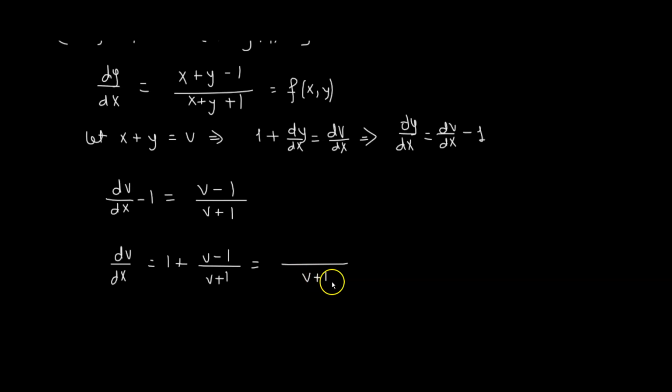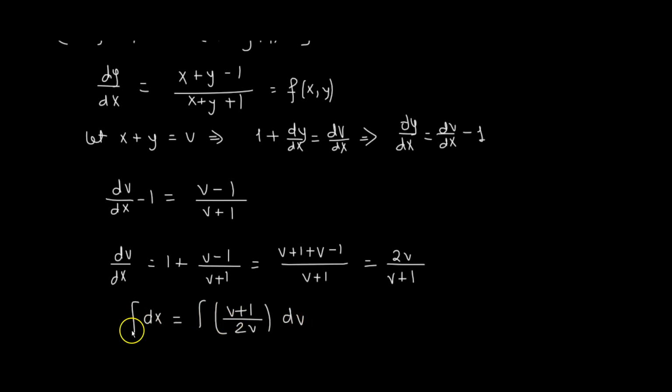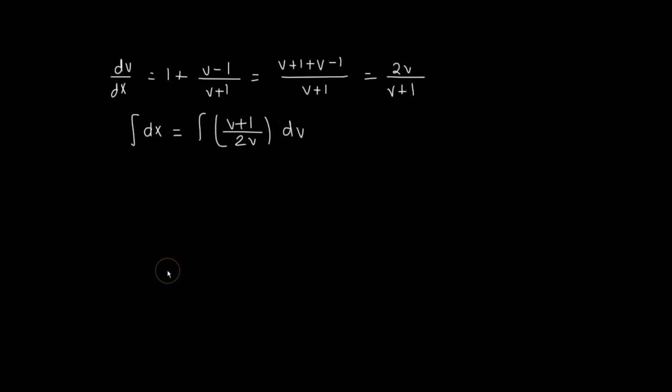So we have (v + 1 + v - 1), which will be 2v divided by (v + 1). When we separate the differentials, we have dx equals (v + 1)/(2v) multiplied by dv. This is now in separable form, and now we can integrate both sides.